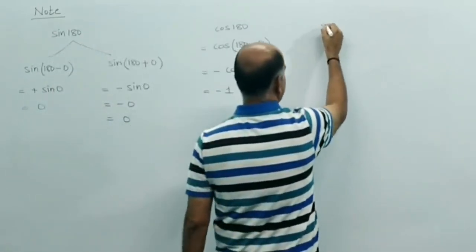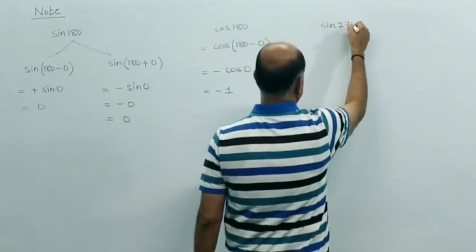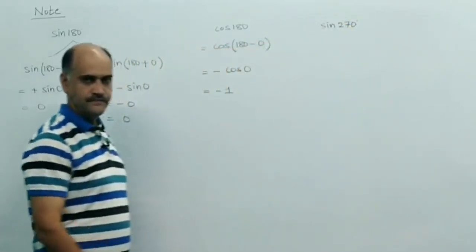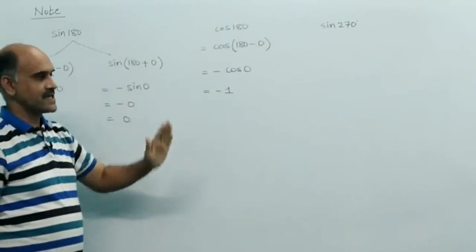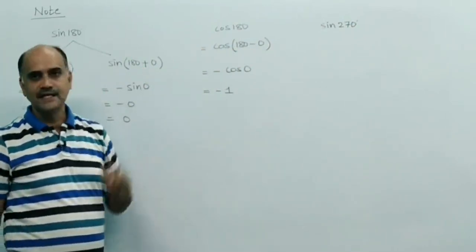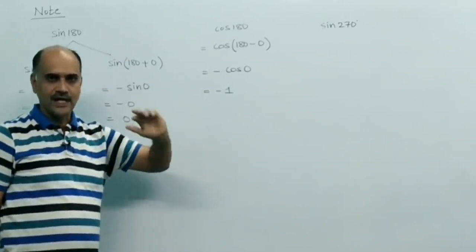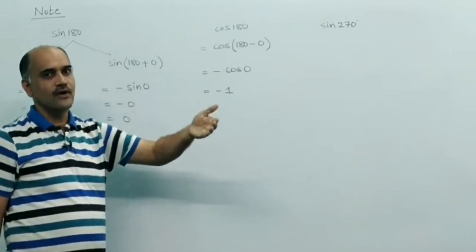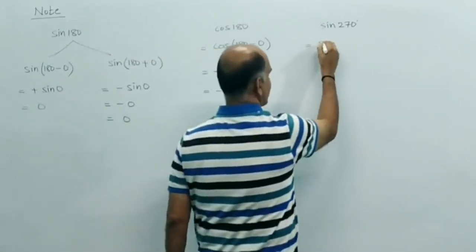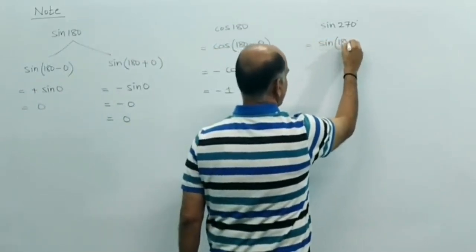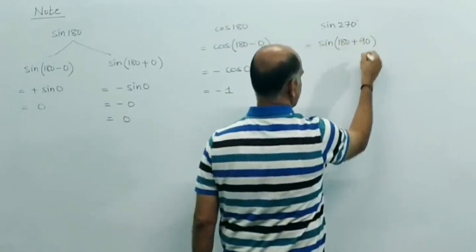Similarly, you can tell me sin 270. 270 is exactly in between 180 and 360. You can write it as 180 plus 90 or 360 minus 90. So I will write it as sin of 180 plus 90.